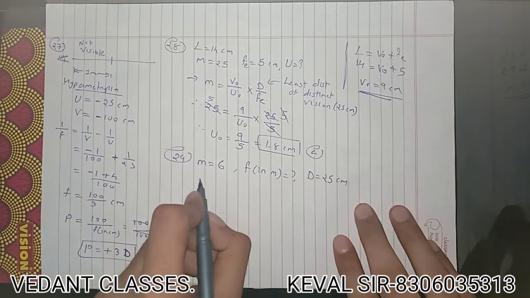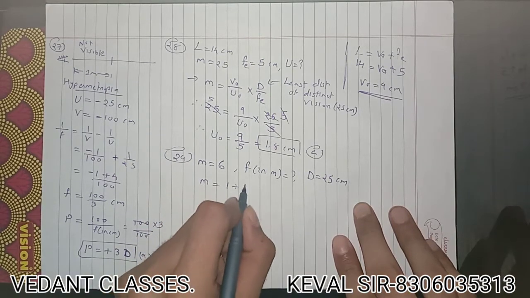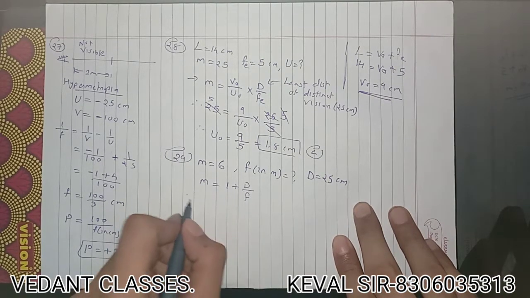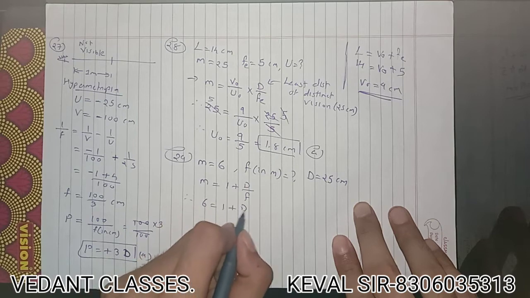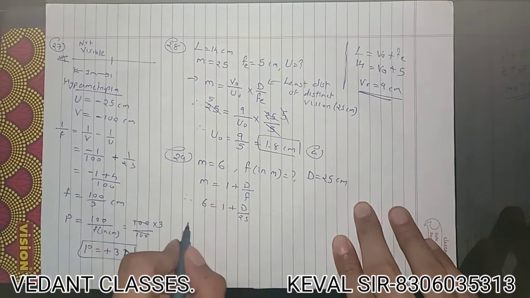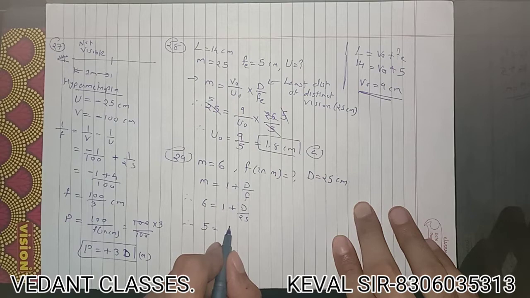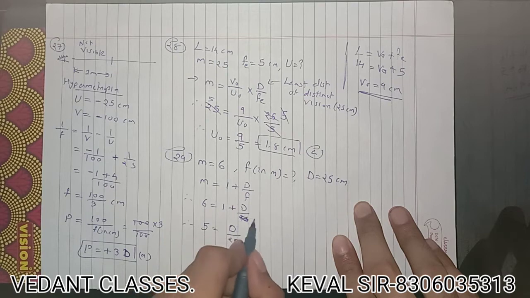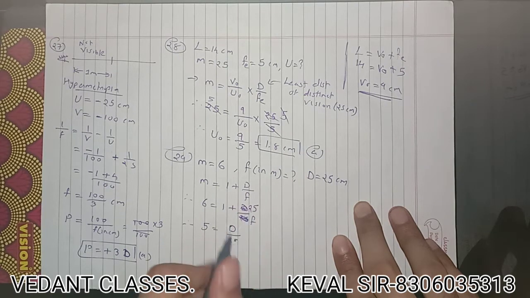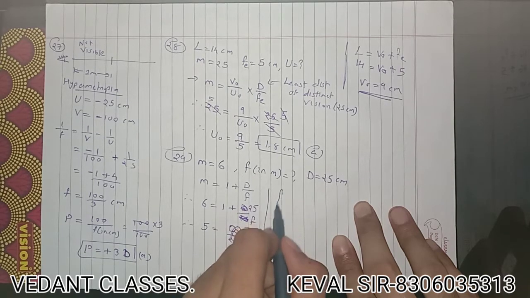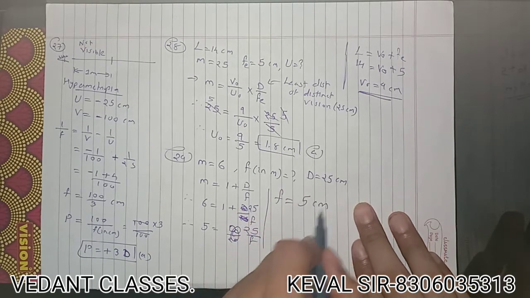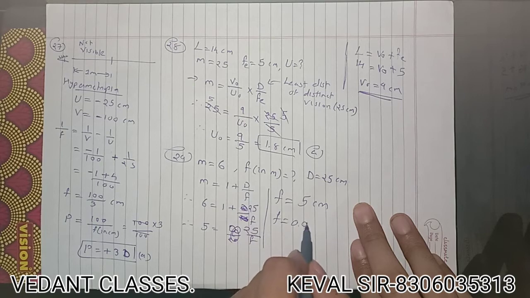For the simple microscope, the value of M is 1 plus D by F. So 6 equals 1 plus 25 by F. So this will be 5 equal to 25 by F. So F equal to 5 centimeter, and in meter it will be 0.05 meter.